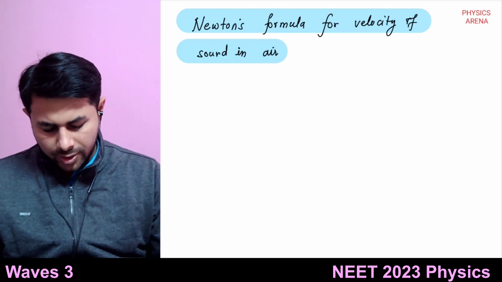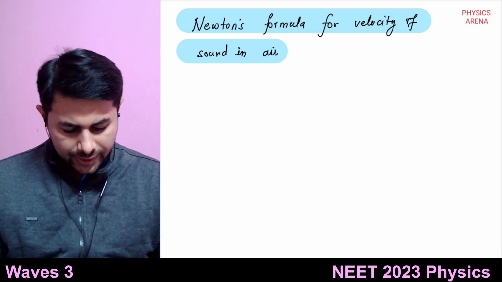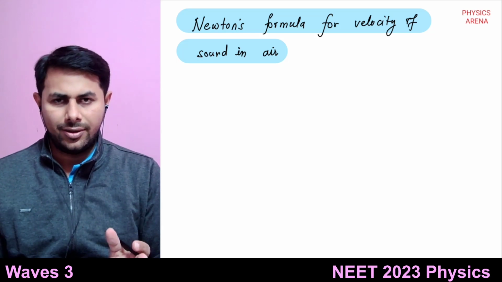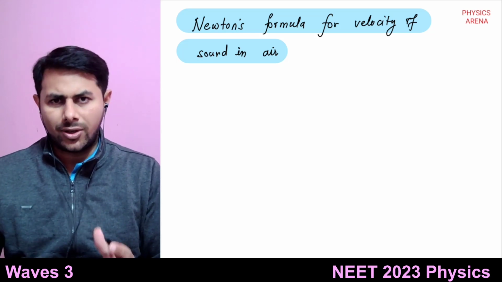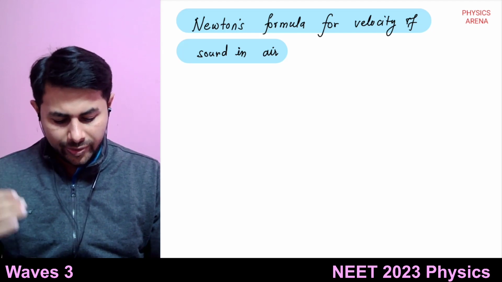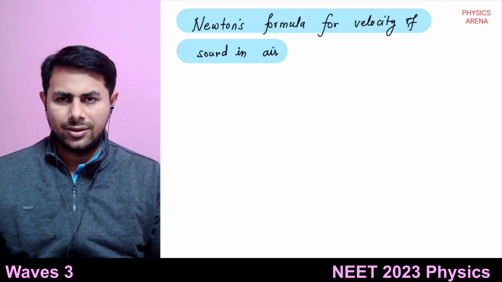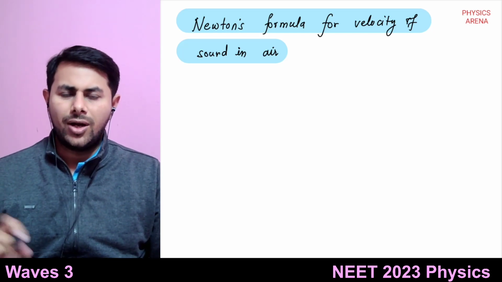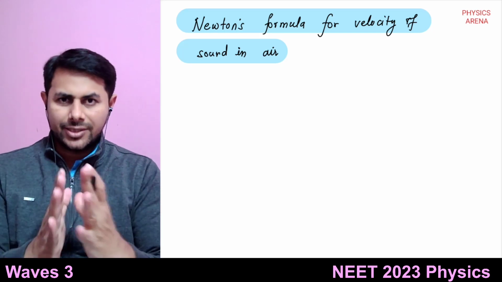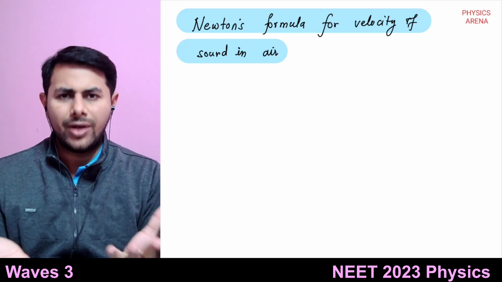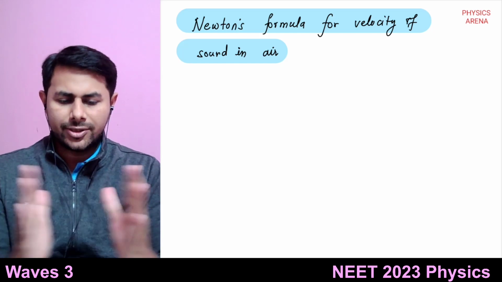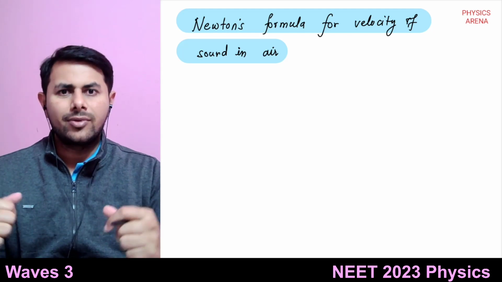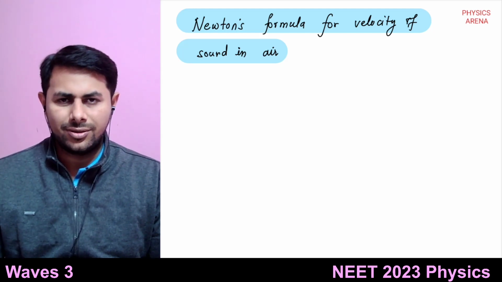See what happens is, there are compressions and rarefactions formed in air when the longitudinal waves, or we can say the sound, travels in air, right? According to Newton, when compressions are formed, the particles of air will collide onto each other, so some heat is produced in the collision.